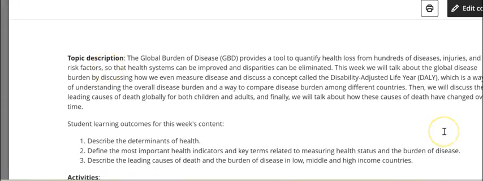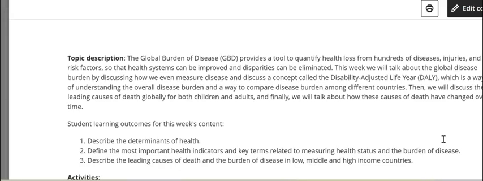So let's look at what we're doing here. The global burden of disease provides us with a tool to quantify health lost from many different diseases, injuries, and risk factors. And why do we need this tool? So that health systems can be improved and also health disparities can be eliminated.